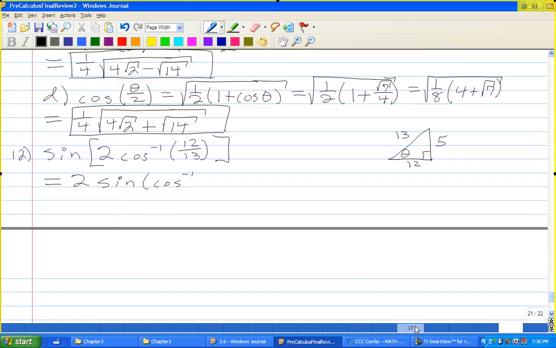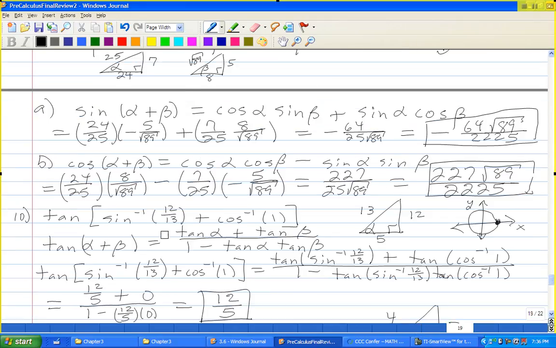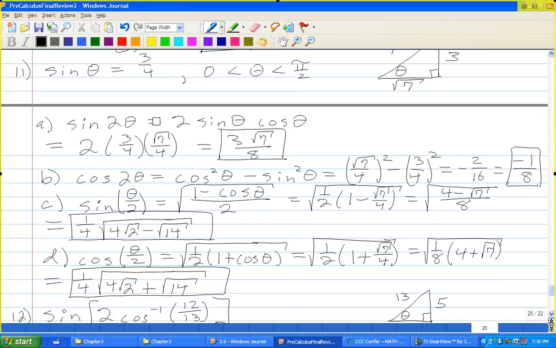No, these are, well, these are just evaluating certain trigonometric values using the trigonometric identities. So these are uses of trigonometric identities, the double angle formulas and the half angle formulas. So you would look under half angle and double angle formulas and sum. So the sum formulas, which were the ones up here, these are the sum formulas. Then the double angle formulas here, and then the half angle formulas here.